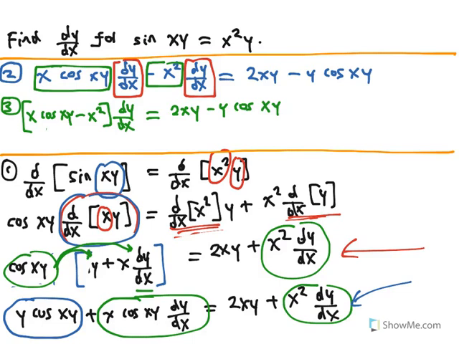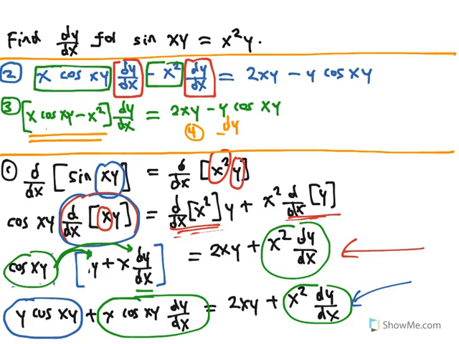And my last step is to solve for dy dx. So to complete step 4, we just need to divide both sides of the equation by the factor multiplying dy dx on the left side of the equation.